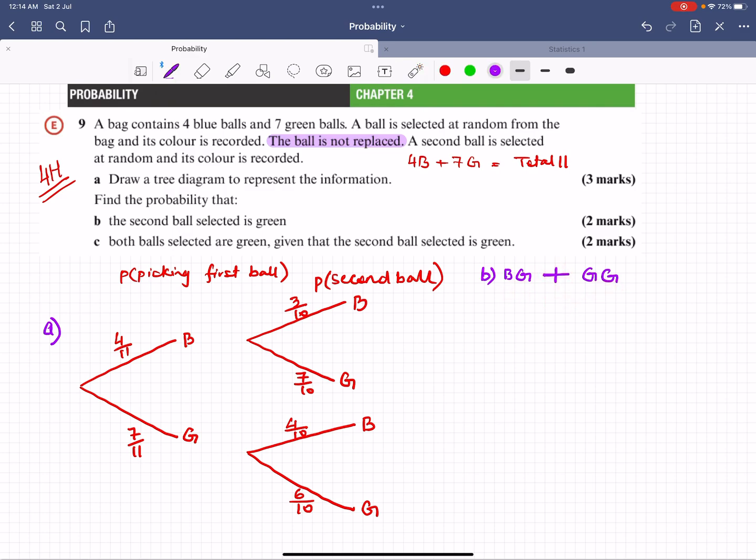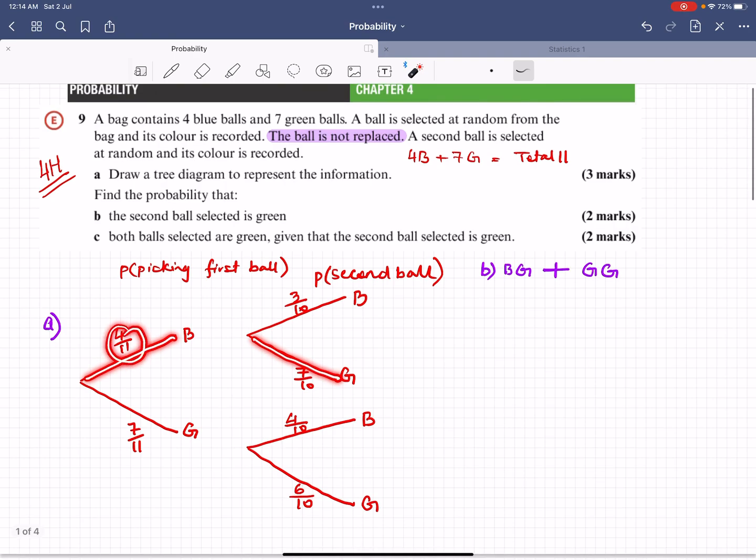So now all we need to do is to multiply blue into green. Our branch blue and green was 4 by 11 into 7 by 10, or green into green, which is 7 by 11 into 6 by 10.